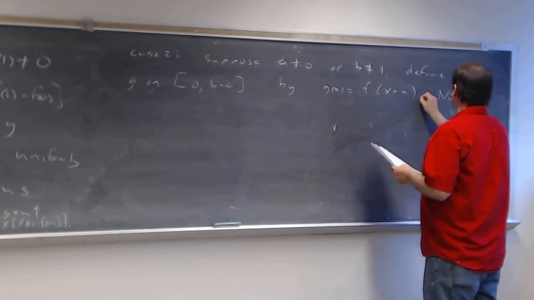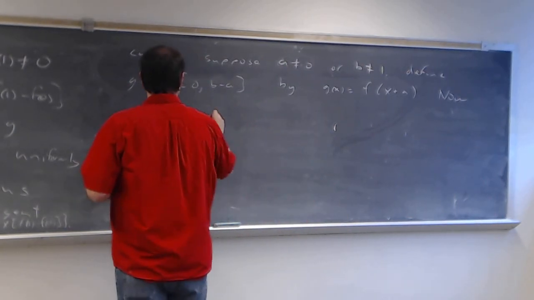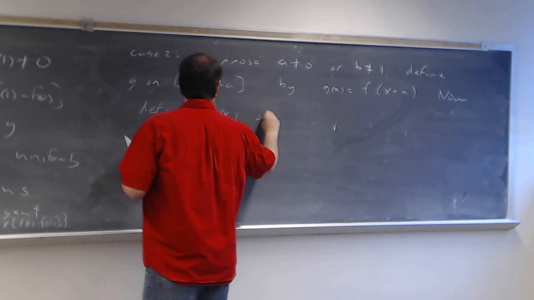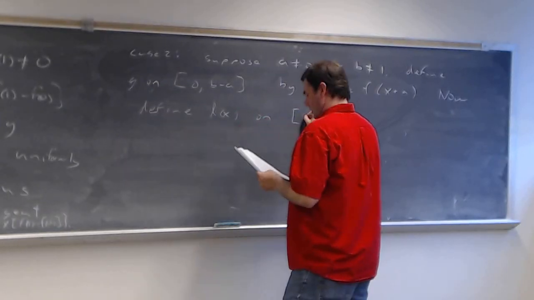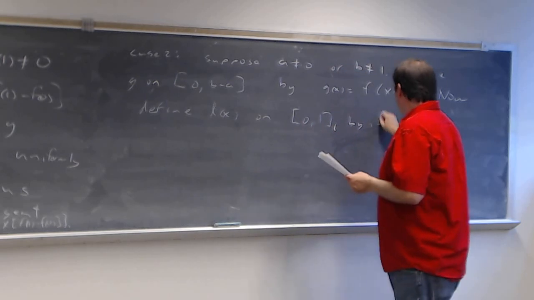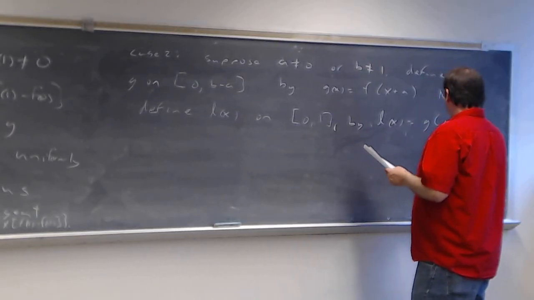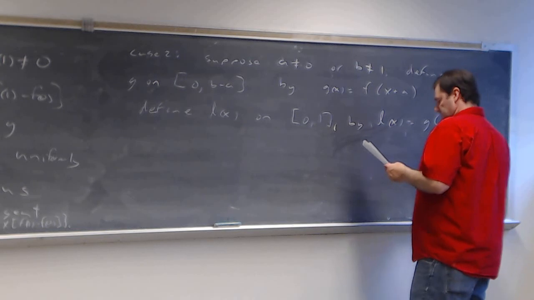Now we're going to find a function L of x on 0 to 1 by L of x equal to g evaluated at (b minus a) times x.